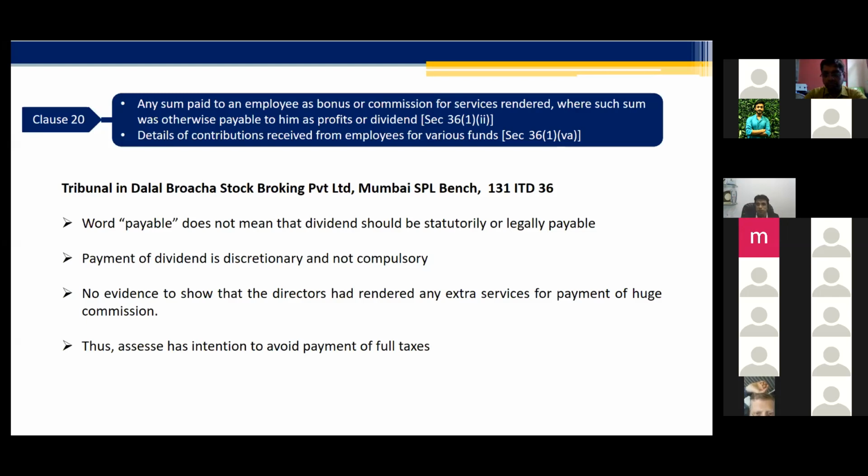And those profits have already been taxed. In a private entity, where the shareholders and the directors are not actually different, management and shareholders are the same, we generally try to use some other method of paying amounts to the directors, like a bonus or commission. Now 36(1)(ii)... is a specific provision which requires the auditors to report whether any bonus or commission has been paid to the directors or an employee which otherwise would have been payable to him as profits or dividend.